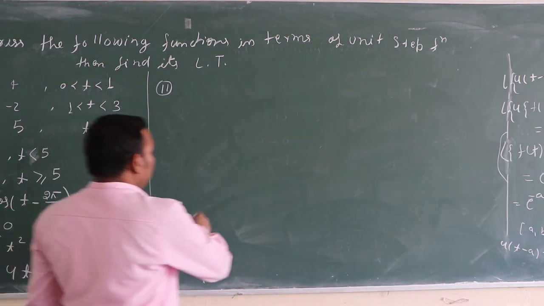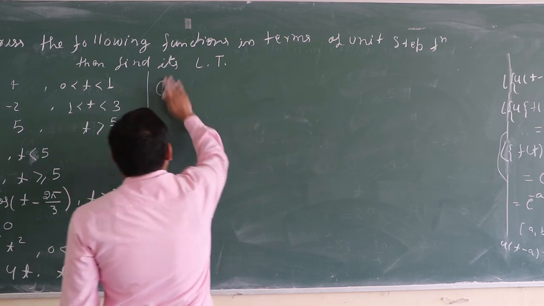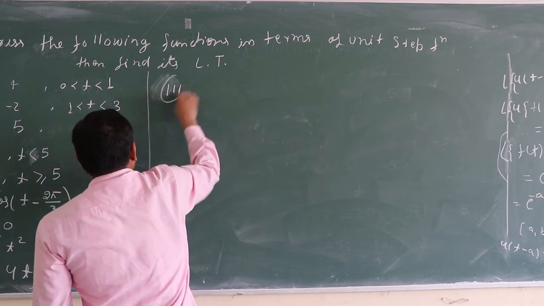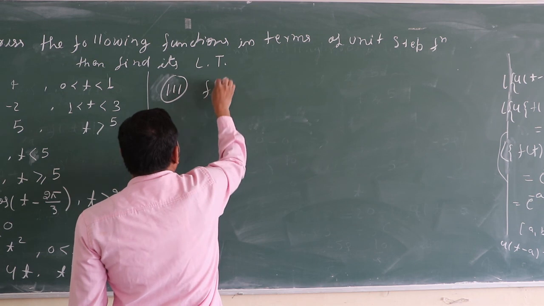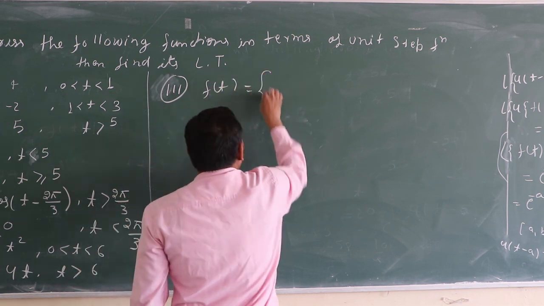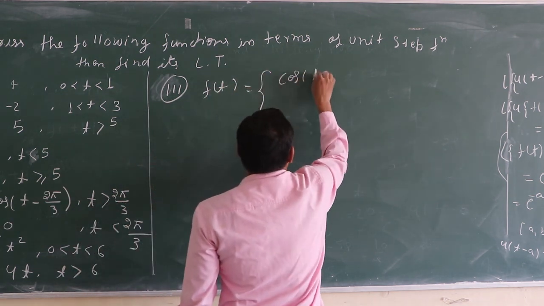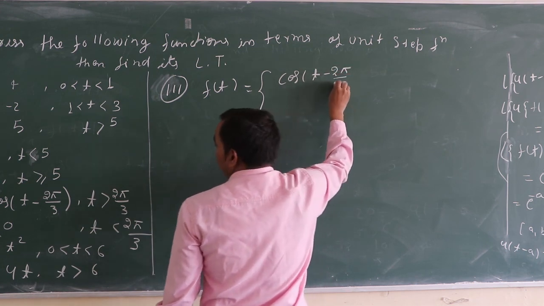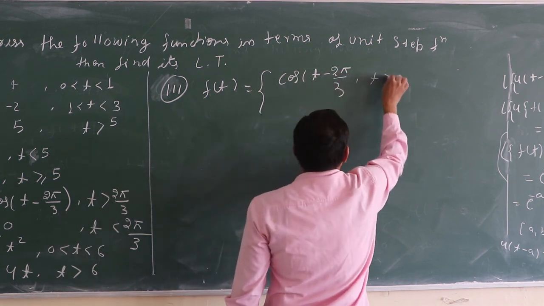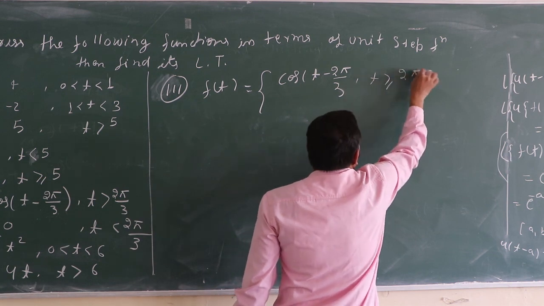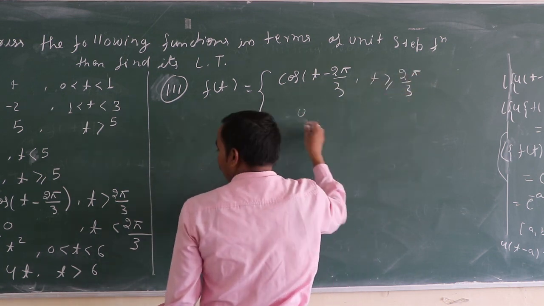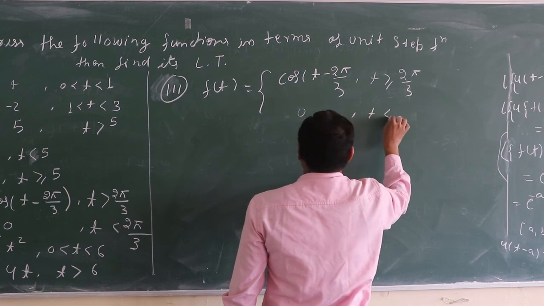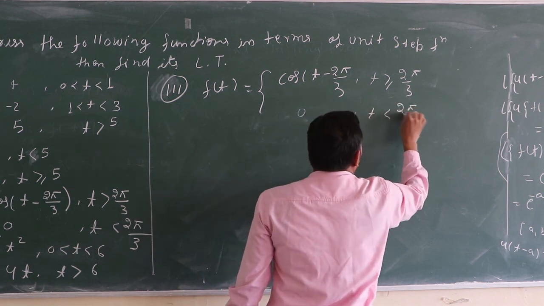Now find the solution of the third one. The third is given as f of t equal to cos of (t minus 2 pi upon 3) for t greater than 2 pi upon 3, and 0 for t less than 2 pi upon 3.